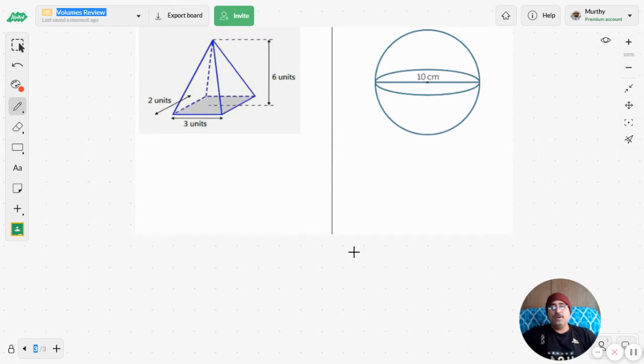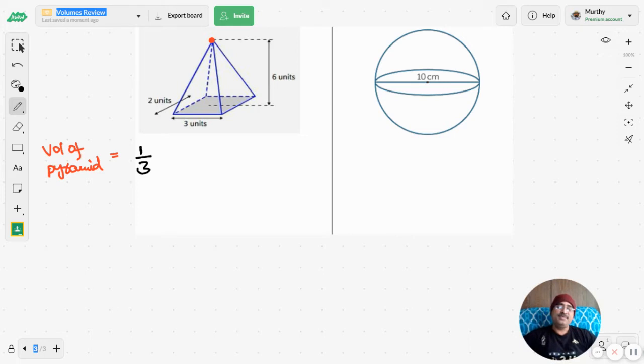Okay. Now a couple of questions here. I see that the left side diagram is a pyramid. It's very easy to identify: if there is a pointed tip at the top, that's a pyramid. So volume of a pyramid equals, it's easy to remember the formula also, because for cylinder and cone, cone is 1/3.